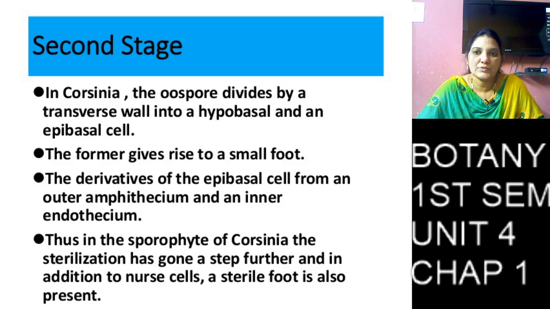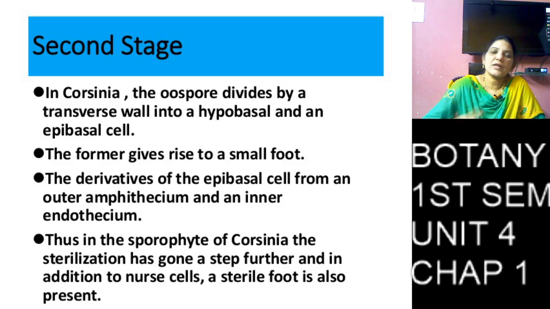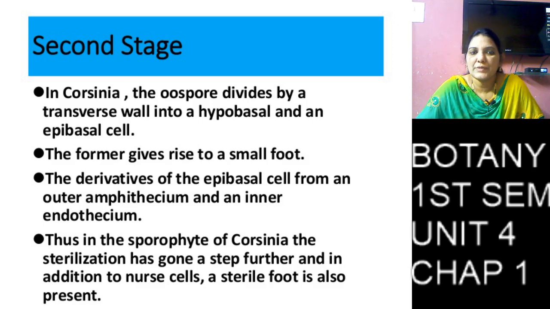The foot is attached with the thallus and absorbs water and minerals, and it is used for the capsule. The outer epithelium and inner endothelium are present here. The outer epithelium is a single layer, and the inner endothelium has many layers, and it helps in the development of spores.